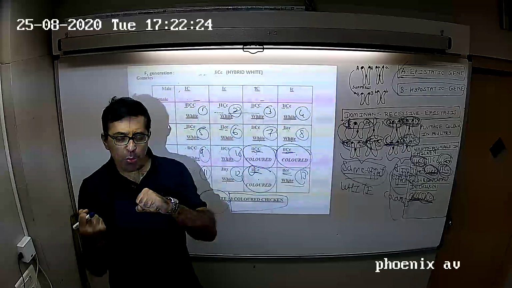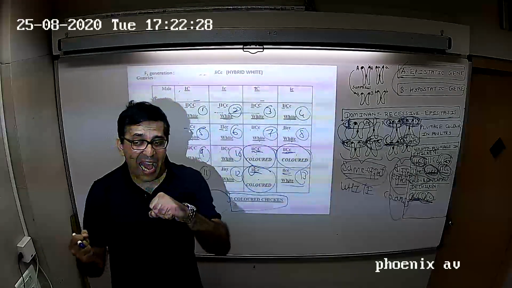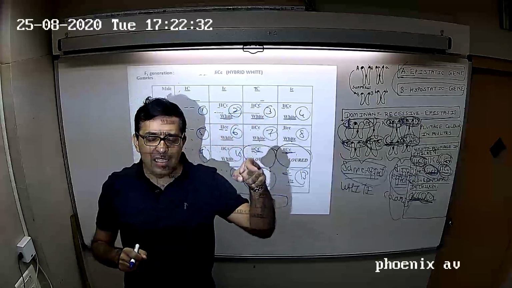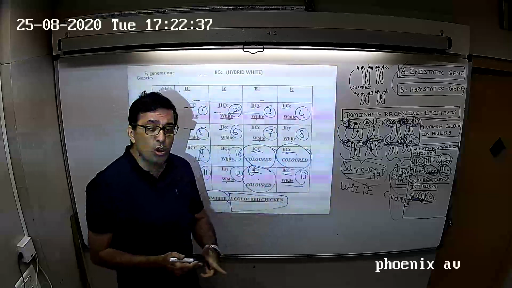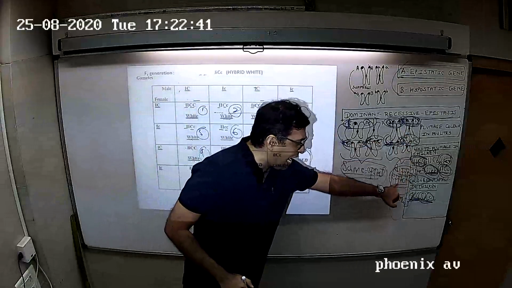In the homozygous condition, small i has become dominant over capital C or capital C, small c, and what have they produced? Color, which is the different phenotype.